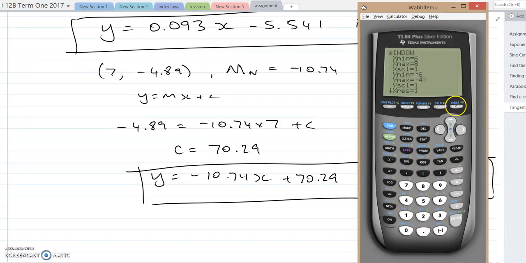Let's see if this is any better. I zoomed in so much. Anyway, the tangent is going pretty much the same as that curve, and the normal is going perpendicular to it. Anyway, that's the way to do it.